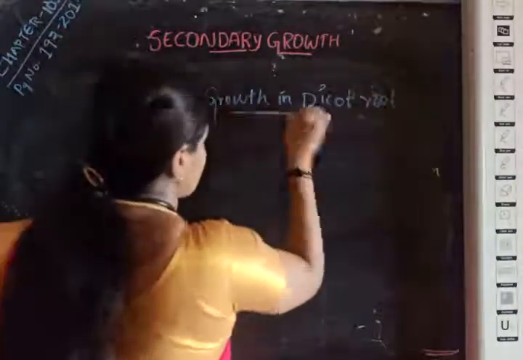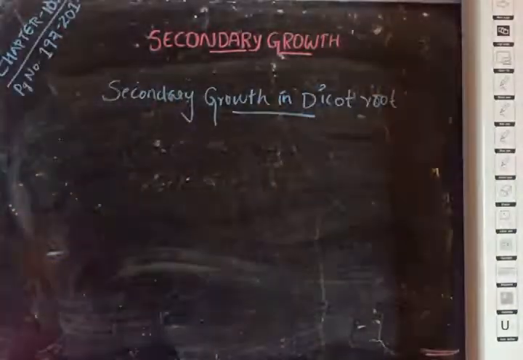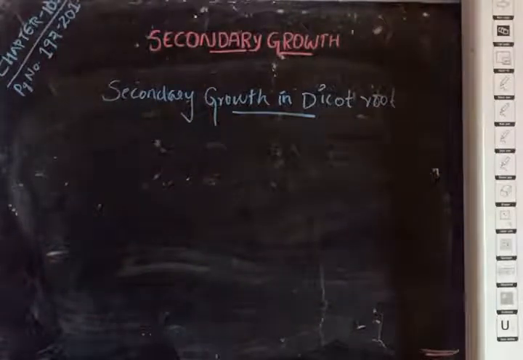Okay. So secondary growth in dicot root is similar to that of secondary growth in dicot stem.